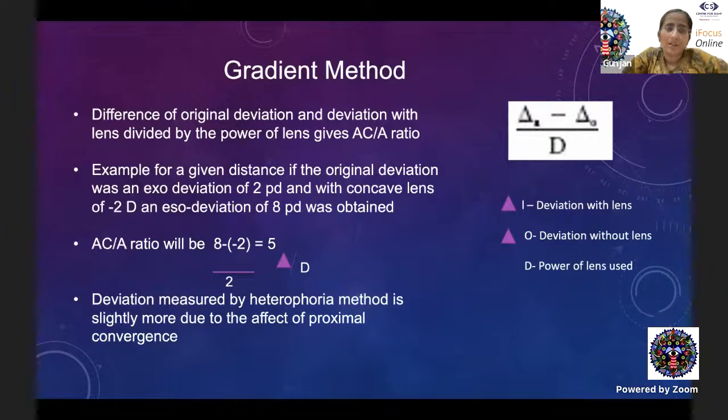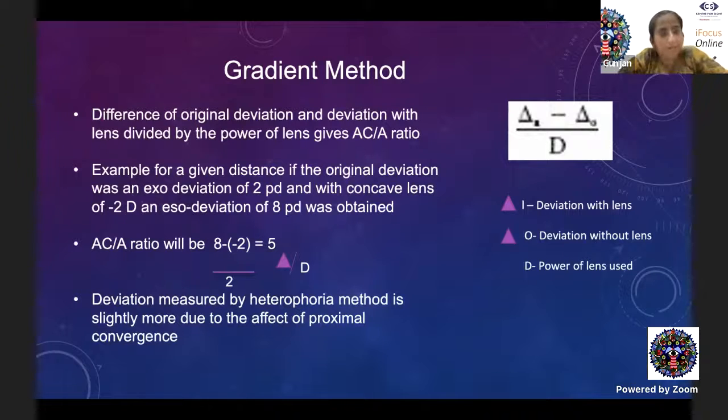So here, the way we derive the AC/A ratio is the difference between the original deviation and the deviation with the lens, divided by the power of the lens which was used.